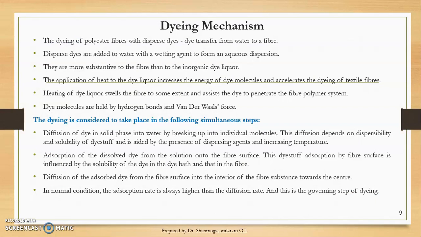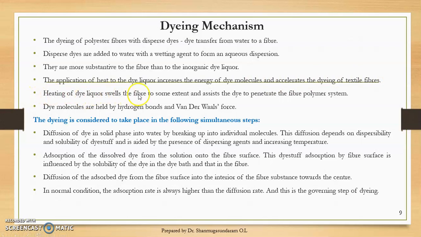In the dyeing of polyester fiber with dispersed dyes, the dye transfers from water to the fiber. Dispersed dyes are added to water with a wetting agent to form an aqueous dispersion. They are more substantive to the fiber than to the aqueous dye liquor. The application of heat to the dye liquor increases the energy of dye molecules and accelerates the dyeing of textile fibers.